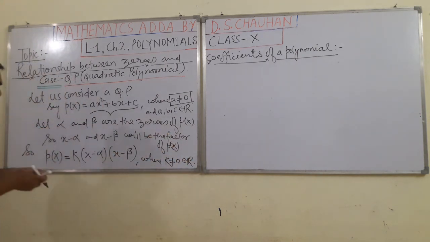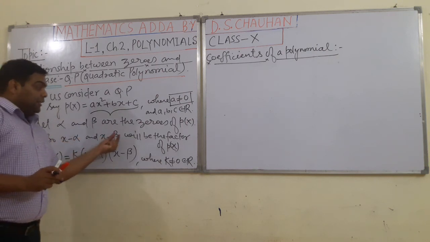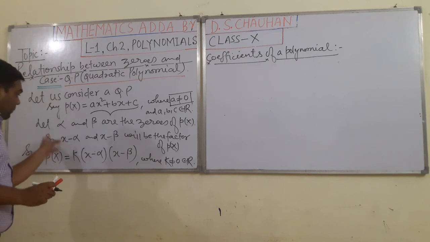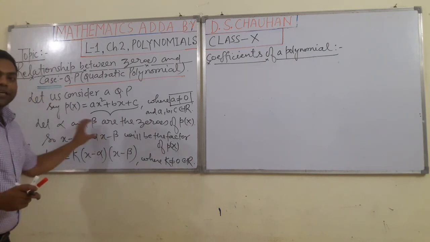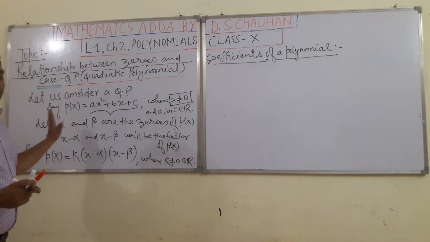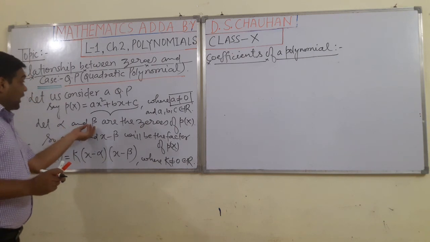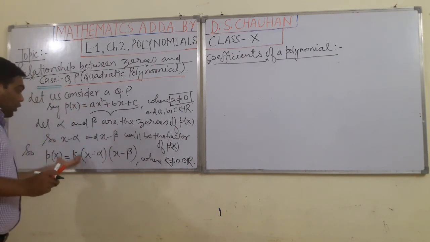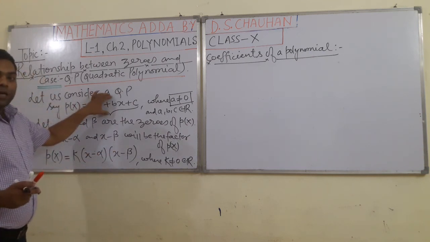Why can we write this, students? Since x minus alpha and x minus beta are factors of P(x), if we multiply this factor by another factor, we will get a quadratic polynomial. And since alpha and beta are the zeros of this quadratic polynomial, obviously whatever polynomial comes will be this quadratic polynomial.